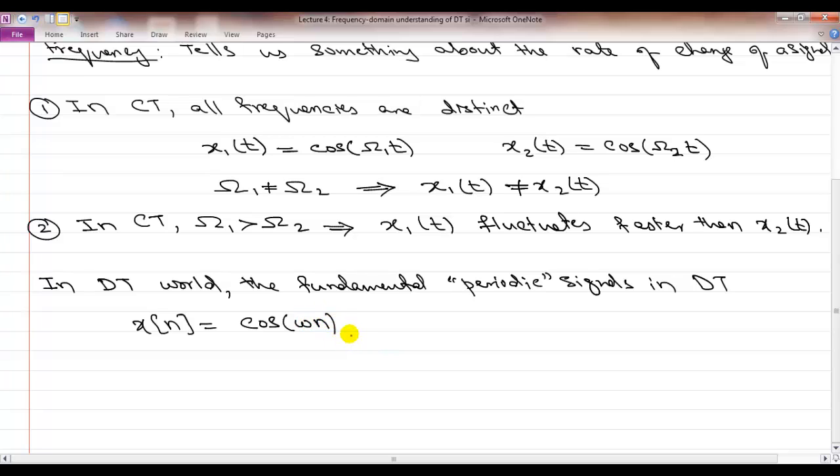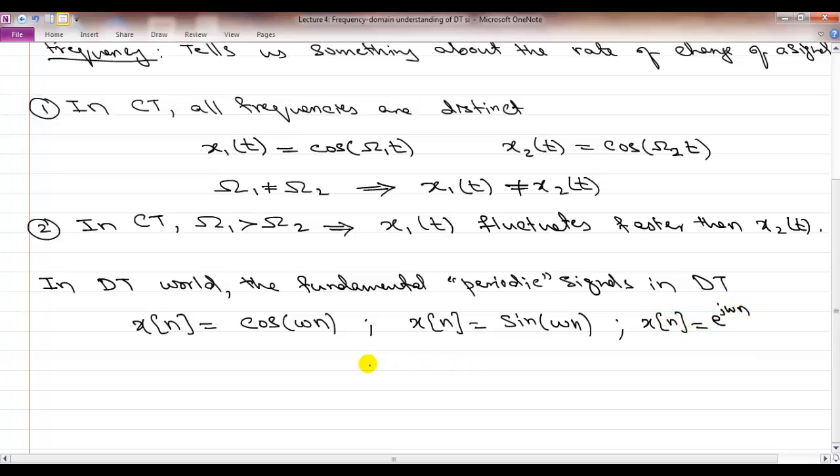Now, in the literature, to distinguish between continuous time and discrete time frequencies, sometimes capital omega is used for continuous time frequencies. It's just a dummy variable, but to make that easier, capital omega is used as a notation for continuous time, and little omega is used as a notation for discrete time frequencies. You can have x[n] equal to sine of omega n, or you can have x[n] equal to e to the j omega n.